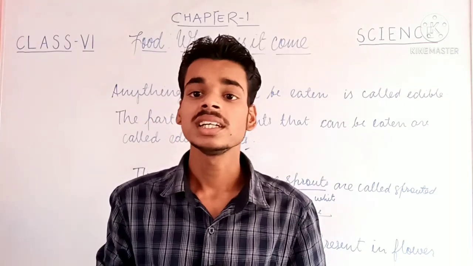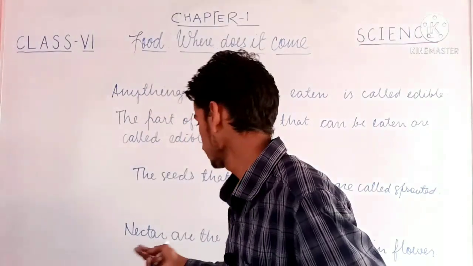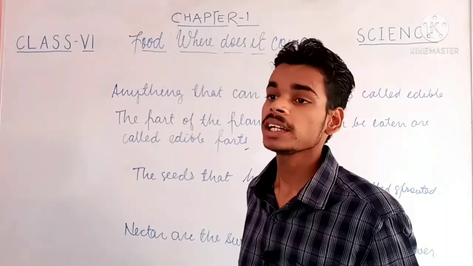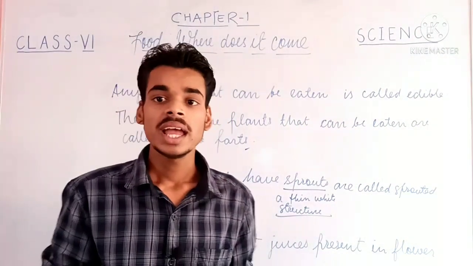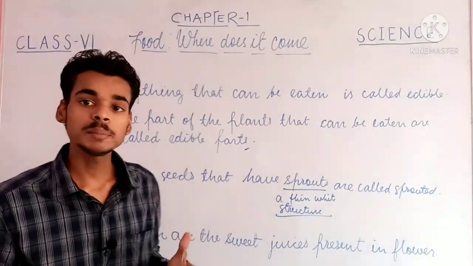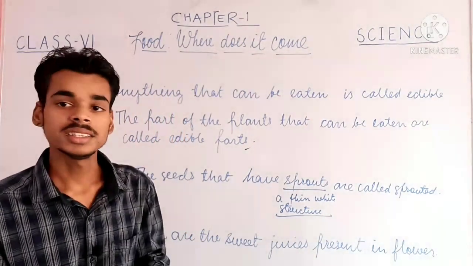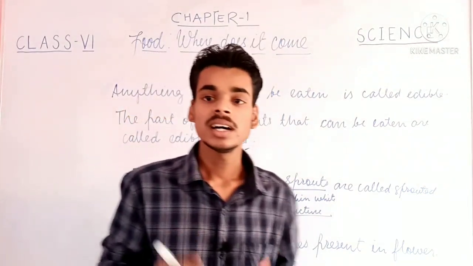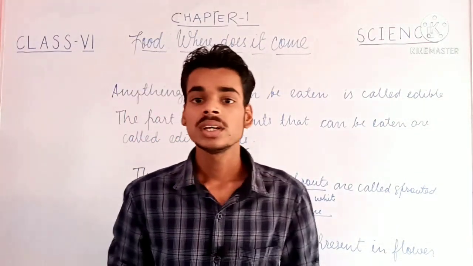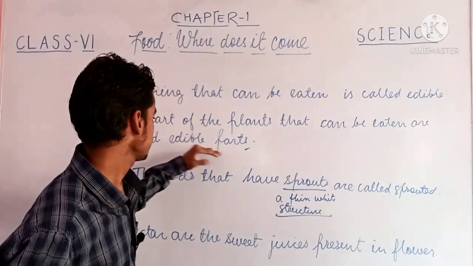Bees make their honey with the help of nectar. They collect nectar from the flowers and store it in a beehive, and in that beehive they store their honey. So with the help of nectar they prepare honey. So you have understood all these terms in the right way.